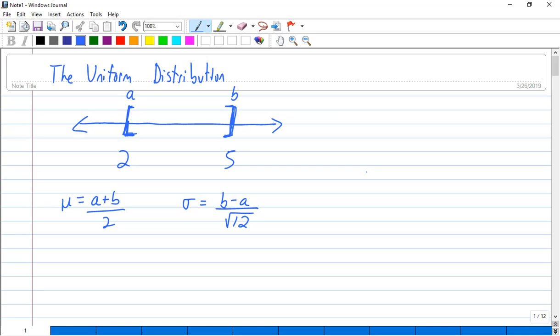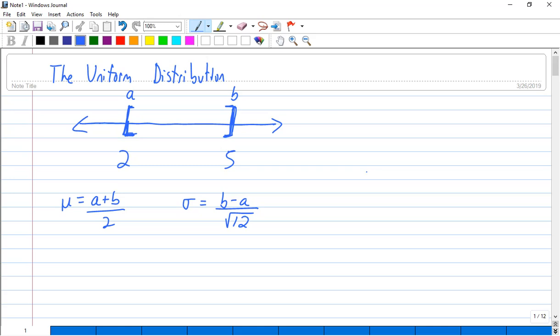Deriving this formula, you do come up with that, but it's a little more complex than we want to do in this class. So you just have to take my word for it. When finding the standard deviation, because that's what that symbol is, the lowercase sigma, of a uniform distribution, you say B minus A divided by the square root of 12.